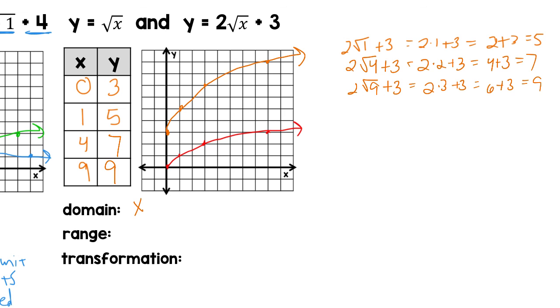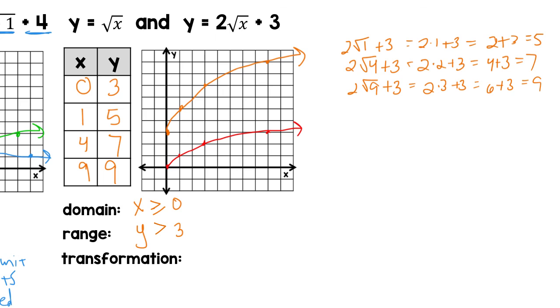Our domain, again, x and y. X and y values, 0 and 3. Look at the x column. We go from 0 to 1. That's increasing, so it's greater than or equal to. We look at the y column. From 3 to 5 is increasing, also greater than or equal to.